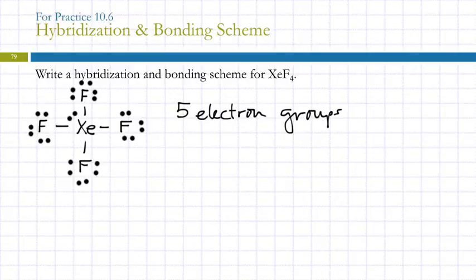So you get your fingers out. 1, 2, 3, 4. Oh, I need this extra finger. It would be sp3d, right? Why is it 5 electron groups? It's 5 electron groups because we have 4 bonds and this lone pair. So this is going to be sp3d.